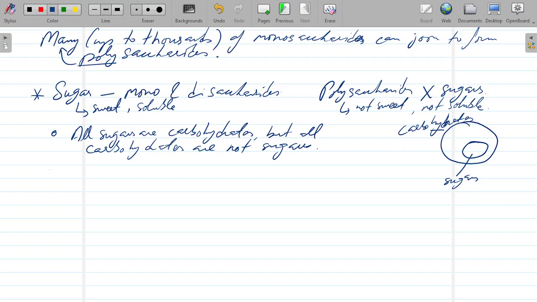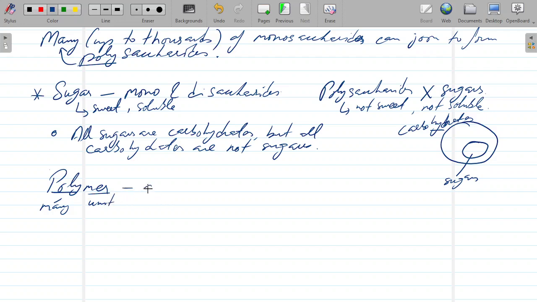Right. Now, we've seen that these can join up, and the polysaccharide is an example of a polymer. Poly means many, and mer means unit.